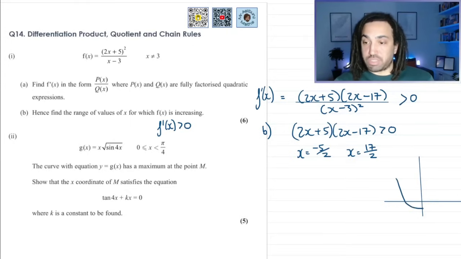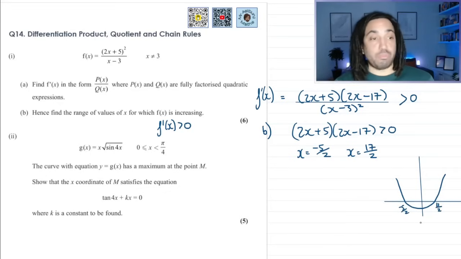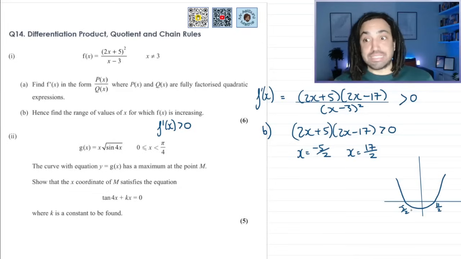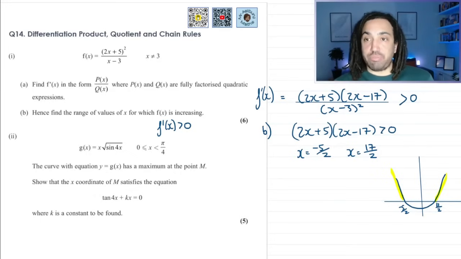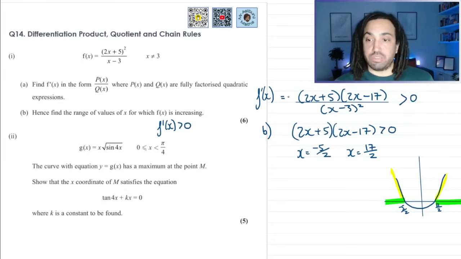So the quadratic will look something like this, going through −5/2 and 17/2. And we want it greater than 0, so it outputs values greater than 0 here and here. So that happens when the x coordinates are less than −5/2 or more than 17/2.